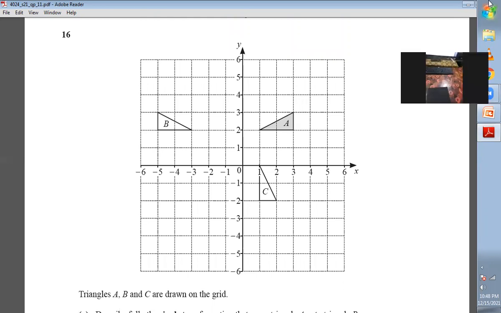Here I have my set square. You can see this is exactly coinciding, exactly like triangle A. Okay, now if you rotate it, suppose you rotate it.